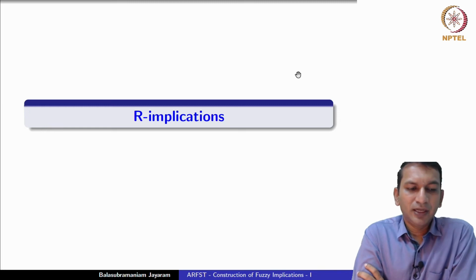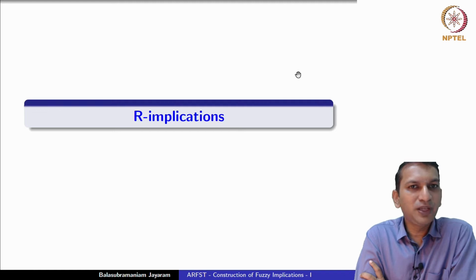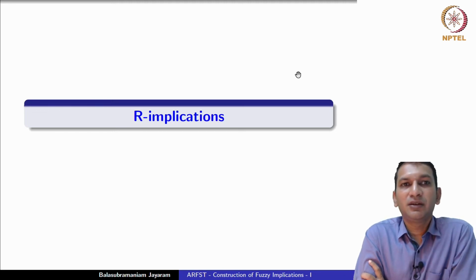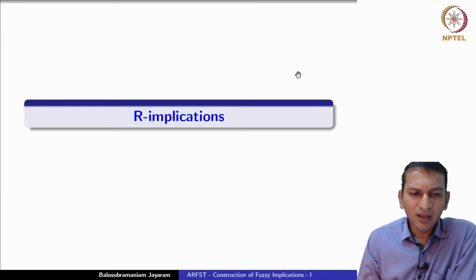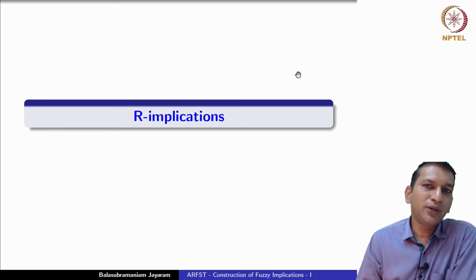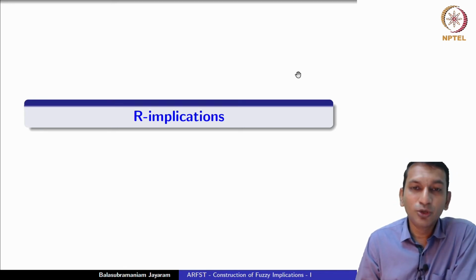Well, the second family of implications, and perhaps arguably the most important family of fuzzy implication, is called the R implication. These have had varied origins, but perhaps a good way to introduce them is to look at some correspondence between logic and set theory.